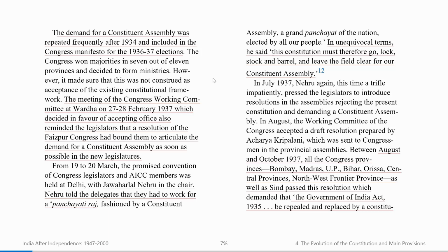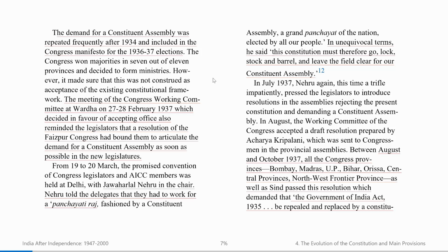And Jawaharlal Nehru told the delegates, that is the members of the legislatures, in unequivocal terms, that this constitution, the Government of India Act 1935, must go, lock, stock and barrel, and leave the field clear for our constituent assembly. We need to make our own constitution.